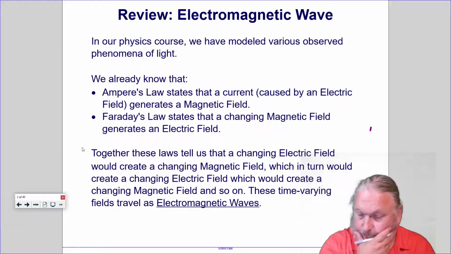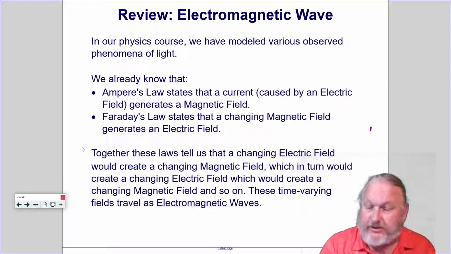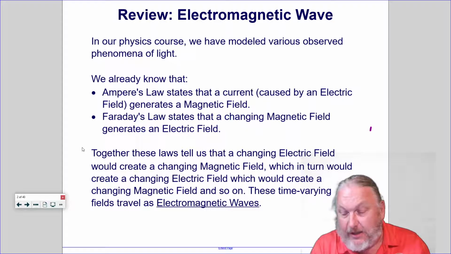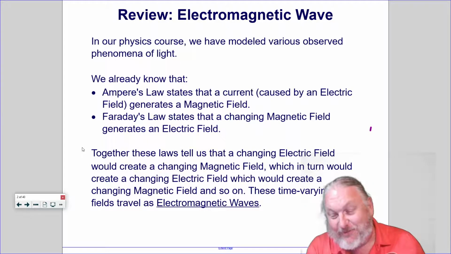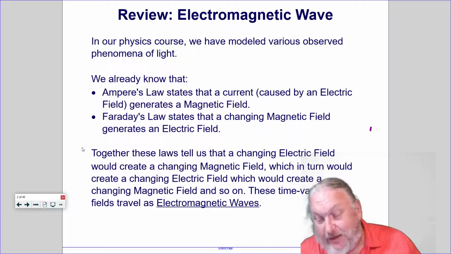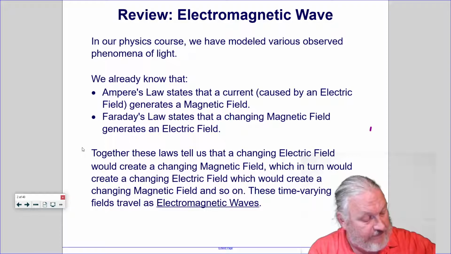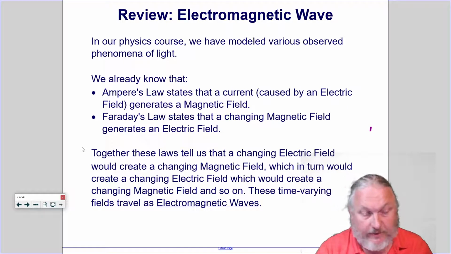Together, these two laws tell us that a changing electric field would create a changing magnetic field, which in turn would create a changing electric field, and so on and so forth. These time-varying fields are what we call electromagnetic waves.